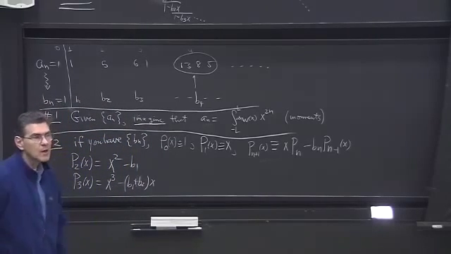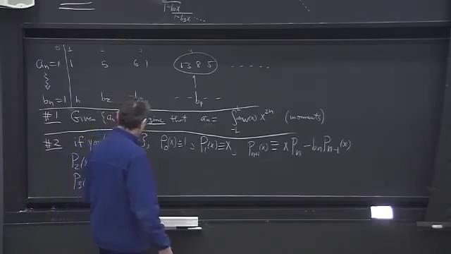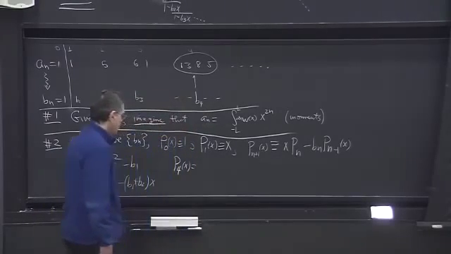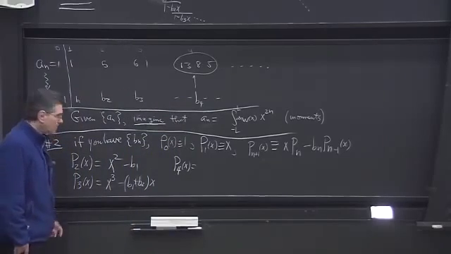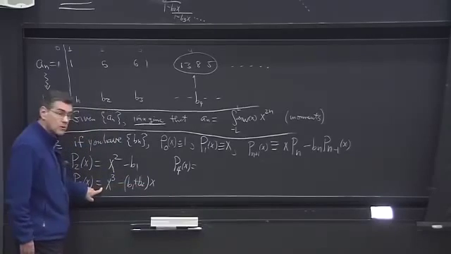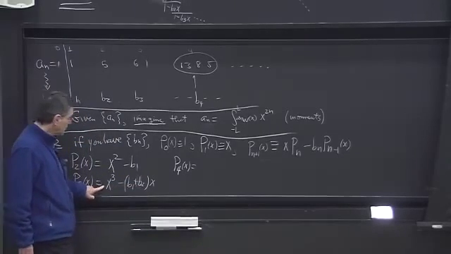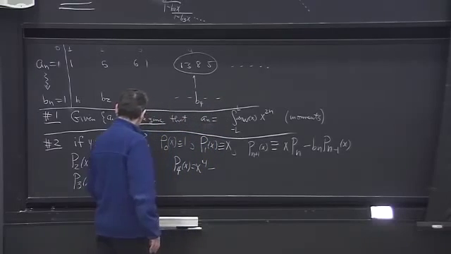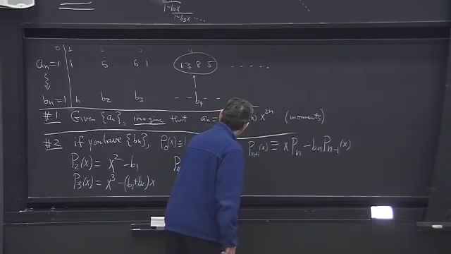It's not very deep. Just for fun, let's find one more polynomial. How about P4? P4 would be x times P3, which would be x to the 4 minus b1 plus b2 x squared.